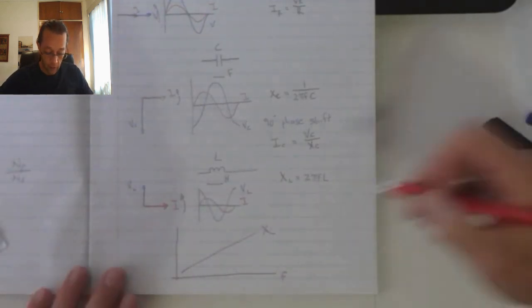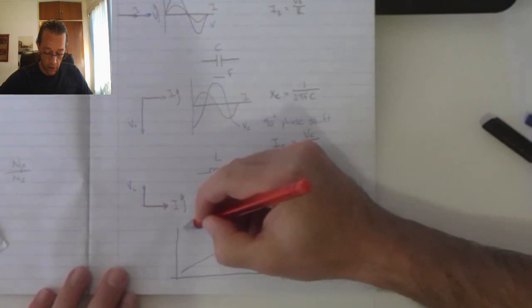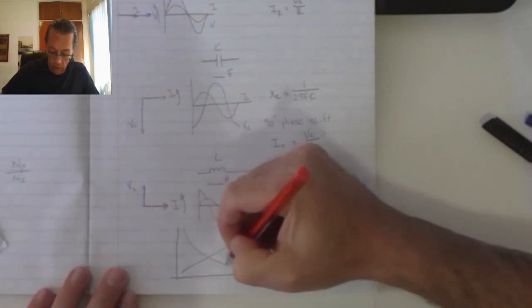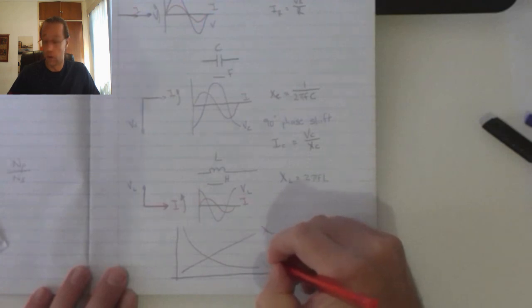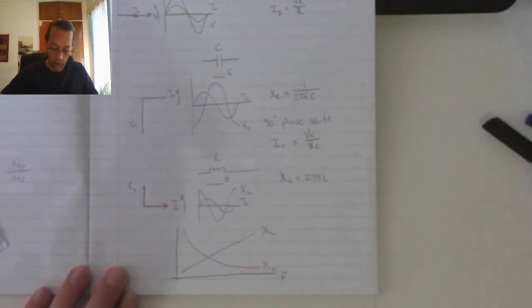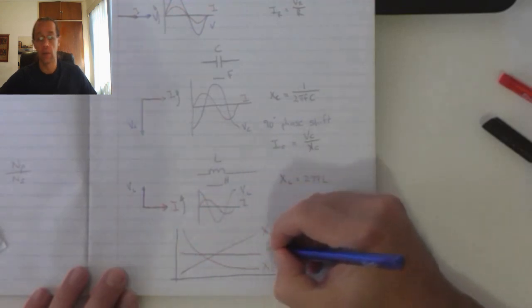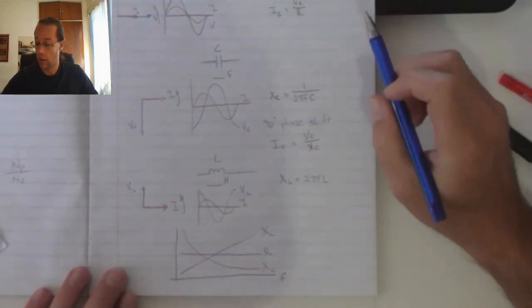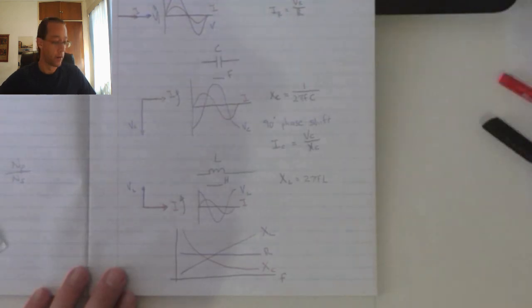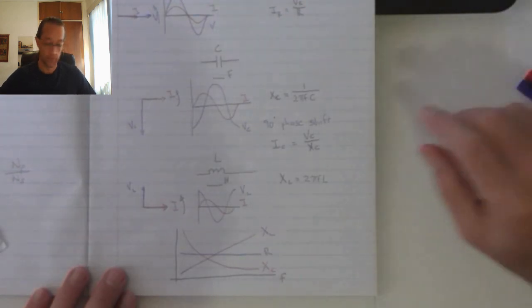The capacitor will have a non-linear decrease due to the range in frequencies, and my resistor will remain constant because frequency has no effect on the ohmic value of my resistor.